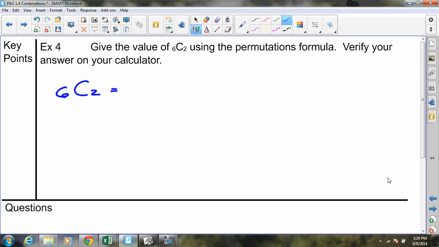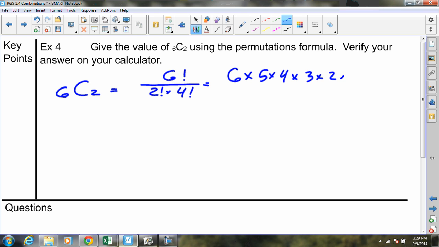After you've unpaused, we can continue. 6 choose 2: 6 factorial, over 6 subtract 2 would be 4, and we need the other 2. Running through it, 6, 5, 4, 3, 2, 1, over 2, 1, 4, 3, 2, 1.